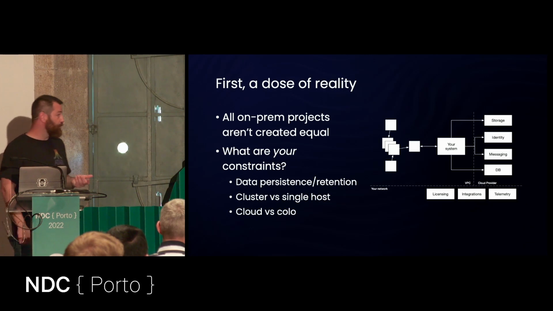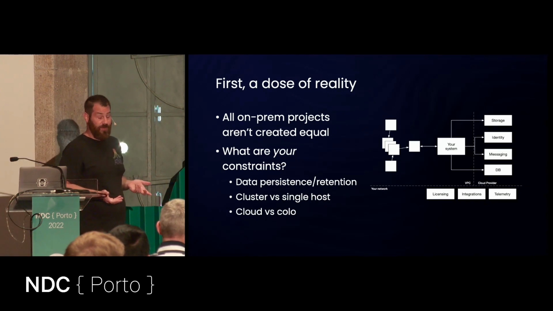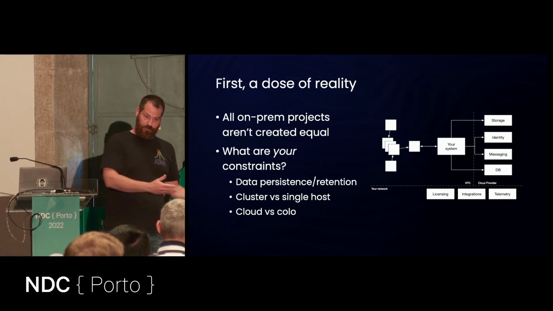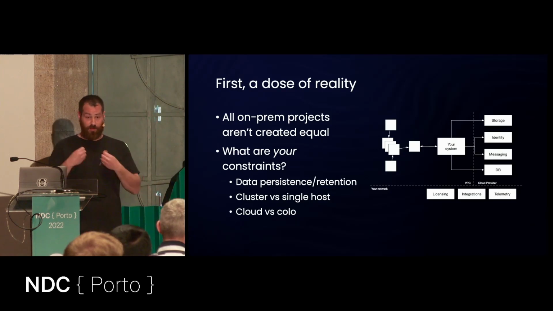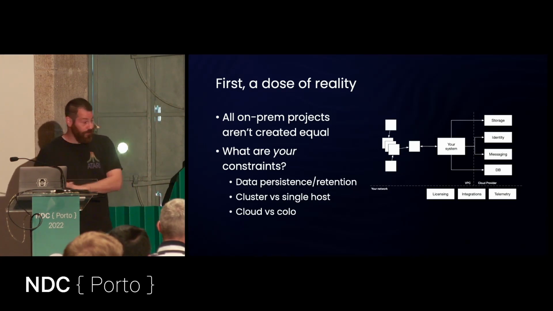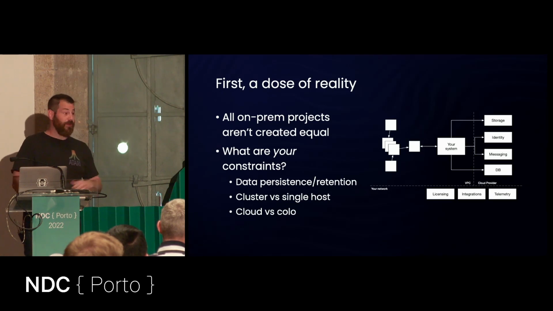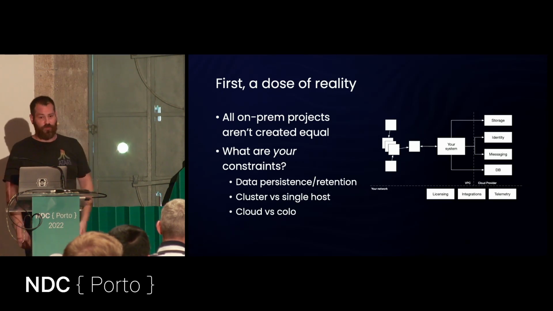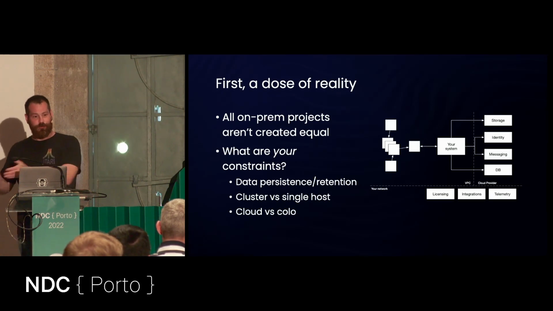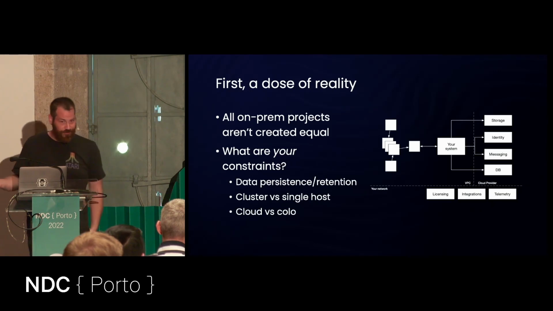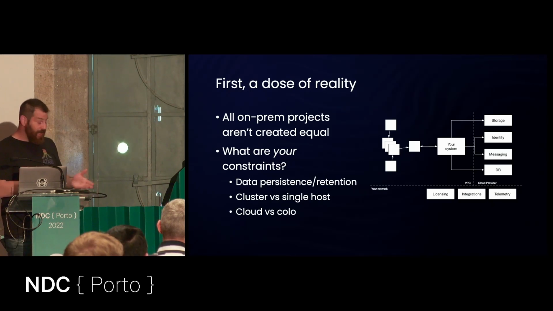If your customers are running on a cloud somewhere, then there are certain advantages and disadvantages to that for you as a software vendor. On the other hand, if they're running in a co-located environment, which is old English for renting servers in someone else's data center, that also has ramifications on your design.